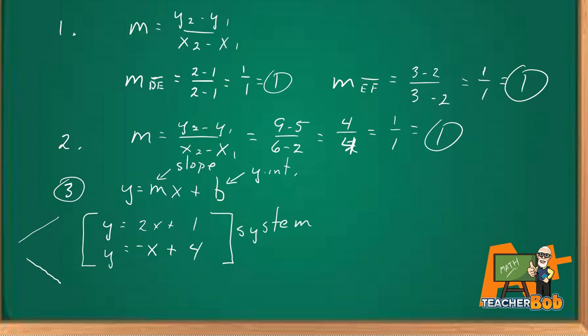And if you're asked to solve the system, what you're being asked to do is to find out, is there anything in common between those two lines? Is there an x and a y coordinate that is true to both of these lines? So when you've got a system, you can have one of 3 different situations.